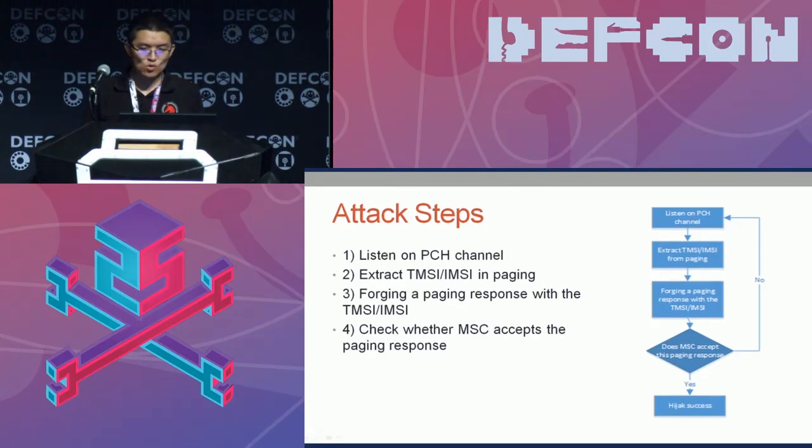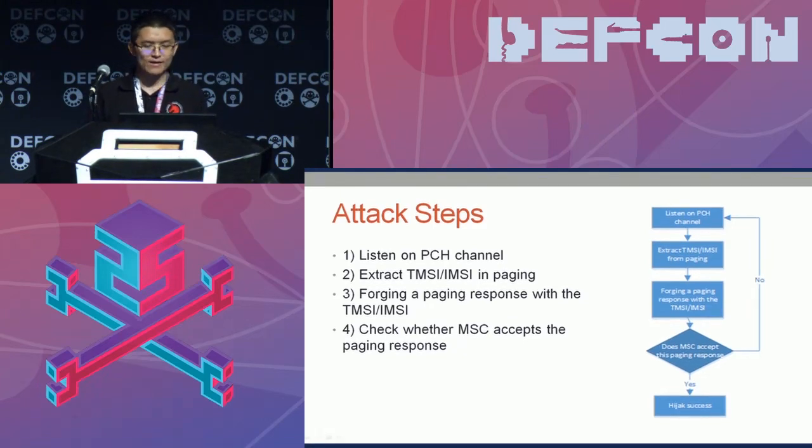After this step, we check whether the network accepts the paging response. If it accepts, it will enter the call setup procedure. If not, we will wait for the next paging message.